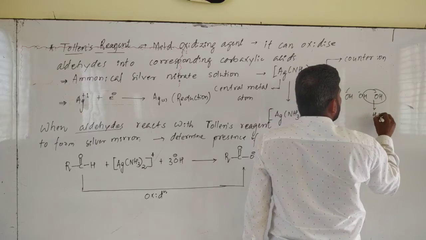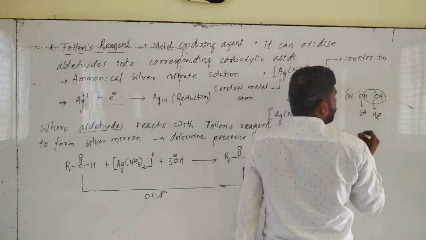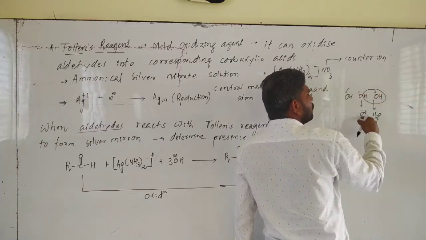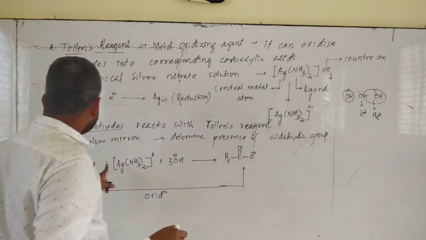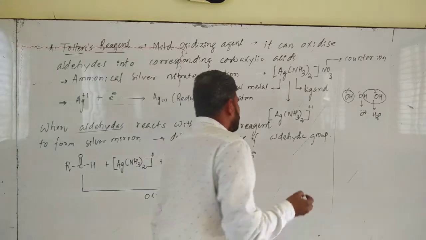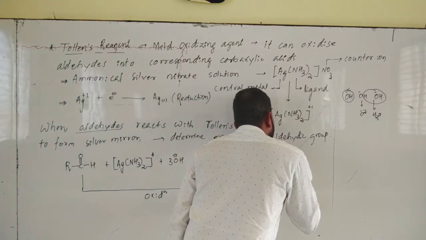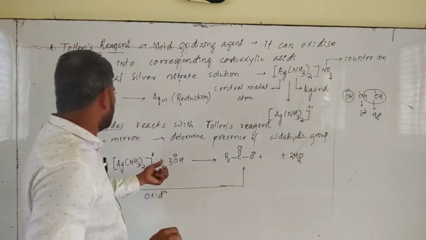One H2O is formed. It becomes O minus 2, because already minus 1 is there; when H plus is removed, it becomes O minus 2. And another OH minus takes H plus from this aldehyde to form H2O. Totally over here 2 H2O are liberated.